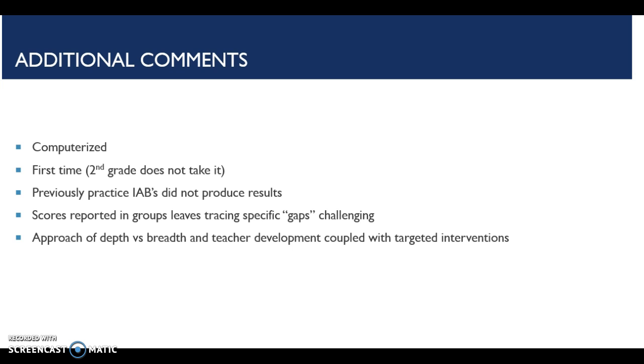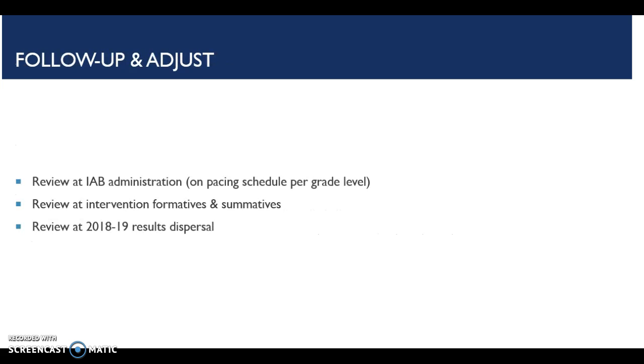Coupled with the targeted instruction I'm talking about, where the interventions are targeted to the student needs, and also that the grade level team is on the same page as far as what's being offered in intervention, I think will really help. And I'd like to follow up, not just at the end of the next year when CASP comes, but at the IABs that hopefully people are administering in their classrooms as they go, and looking at the formatives and summatives from each intervention that we're offering once we're calibrated, because we have a pre and a post sort of system right now, but even that doesn't tell us a lot with everyone doing something different.